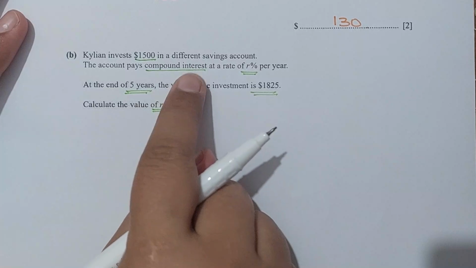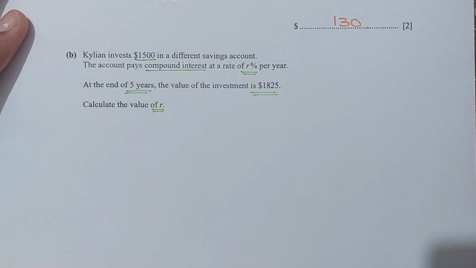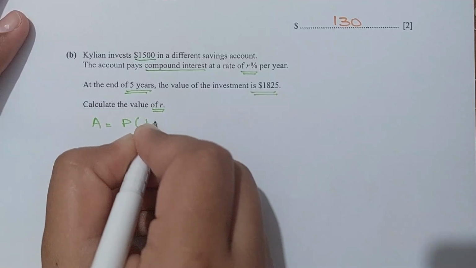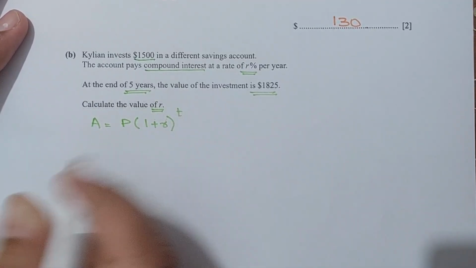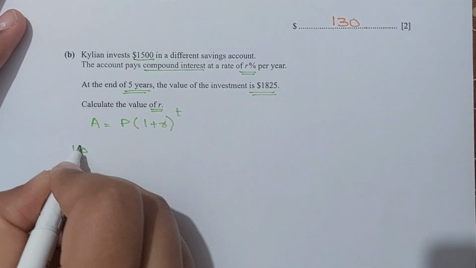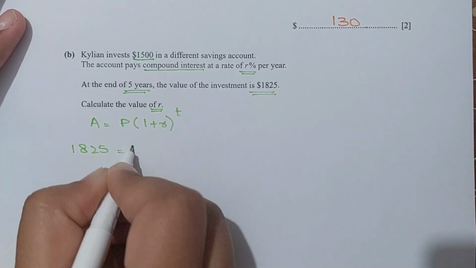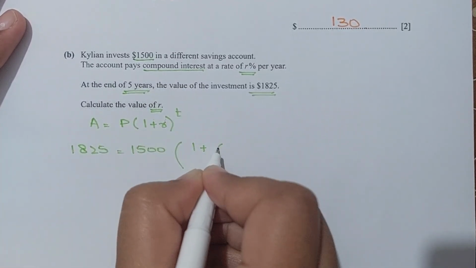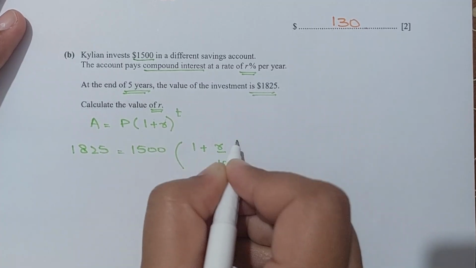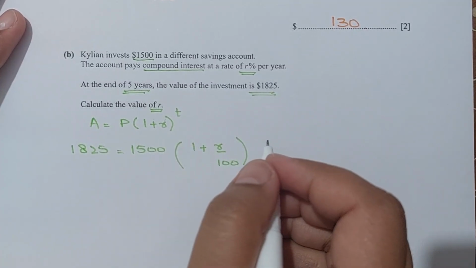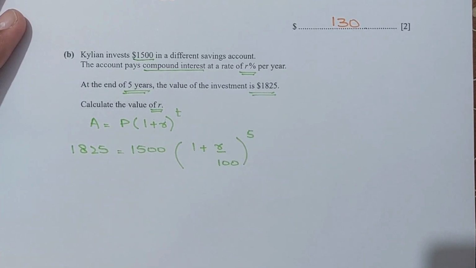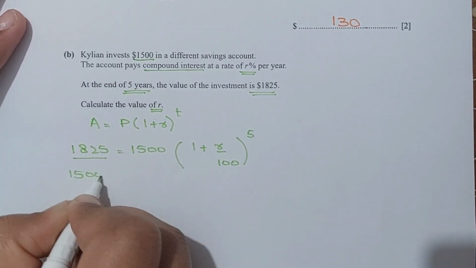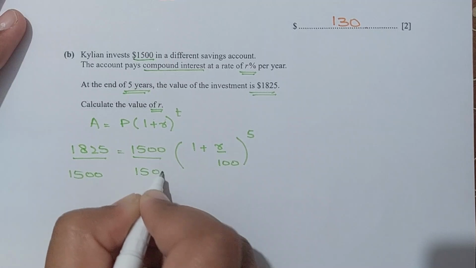Calculate the value of R. It is a compound interest question, so use the formula for compound interest, A equals P into 1 plus R to the power T. The amount we have been given is 1,825 and the investment is 1,500 into 1 plus R, which we have to solve. R is in terms of percent, so divide by 100, and T is 5 years. Just simplify. The first step is dividing both sides by 1,500.